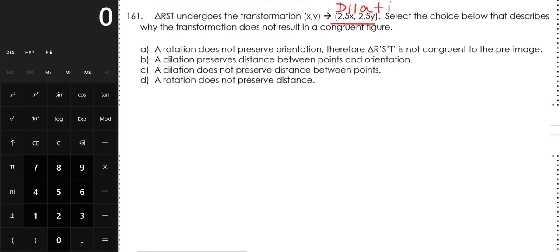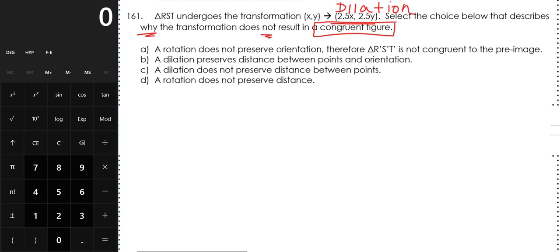Only dilations multiply your coordinates. So here it says, select the choice below that describes why the transformation does not result in a congruent figure. So we know that after a dilation, you're not going to get a congruent figure, because a dilation changes the size of an object.